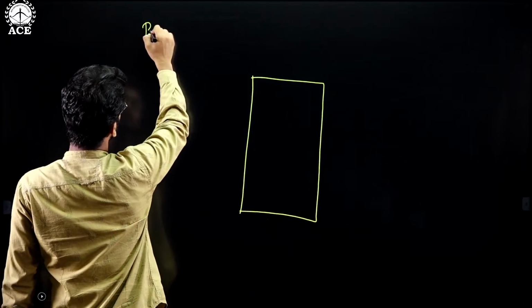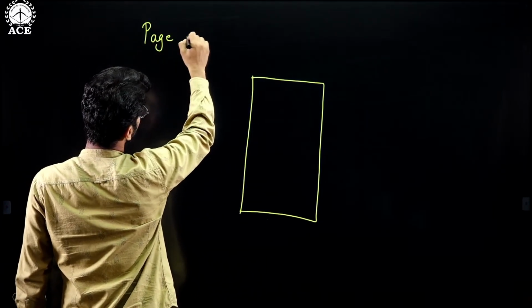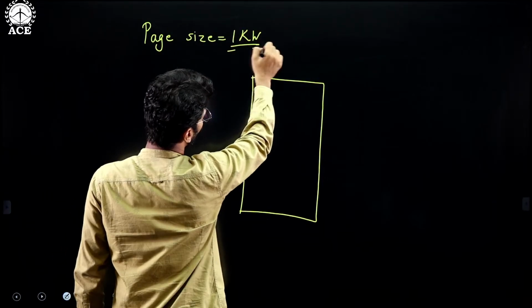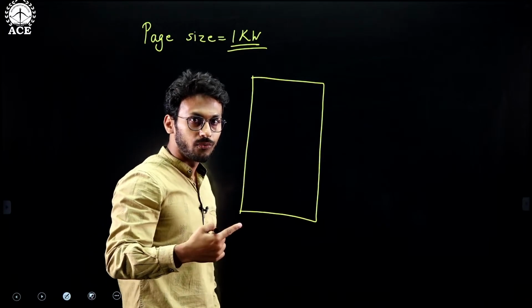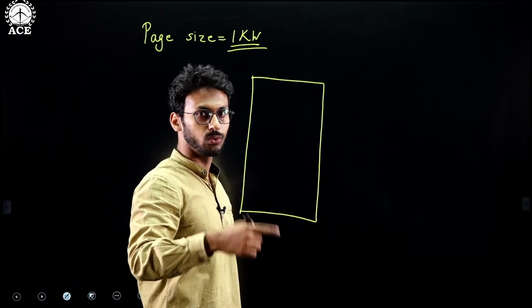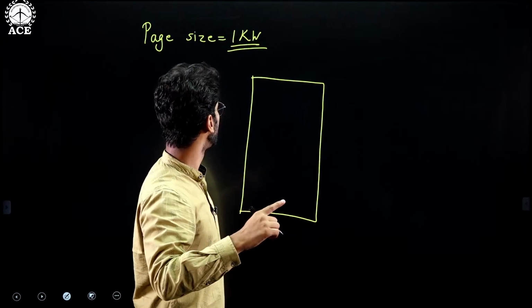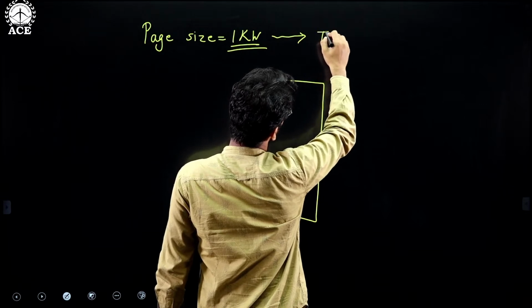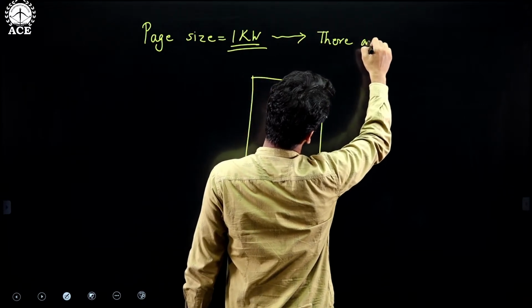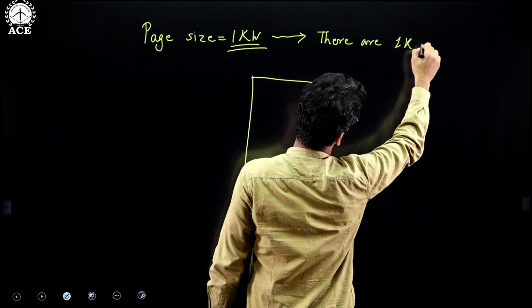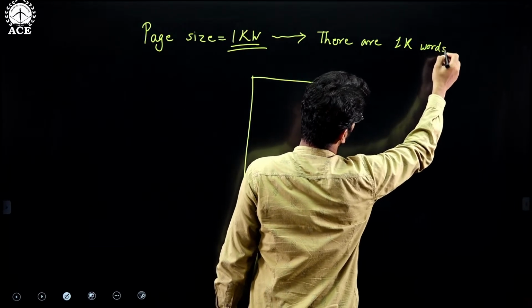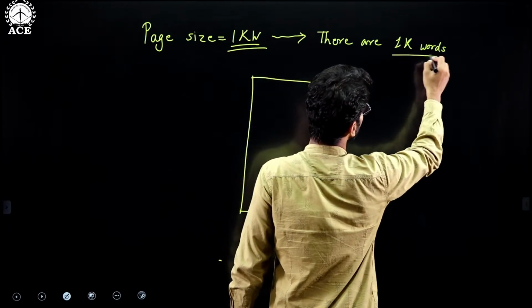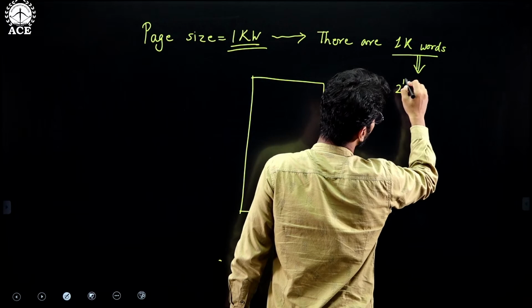They mentioned page size equal to 1 kiloword. What does it mean? There are 1k words in the page, isn't it? 1k means what? 2 raised to 10, isn't it? 1k indicates 2 raised to 10 words.